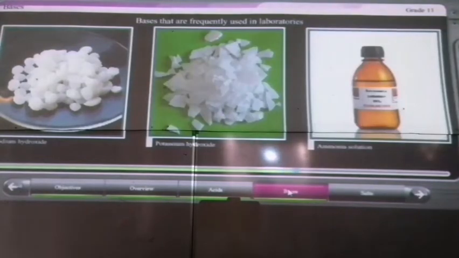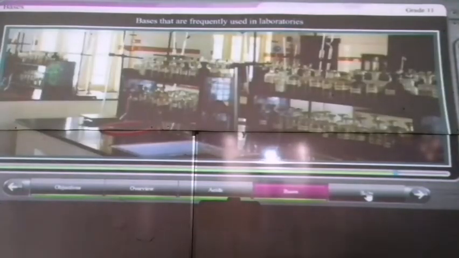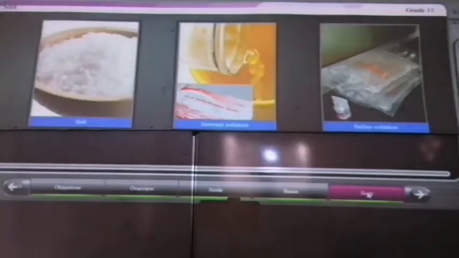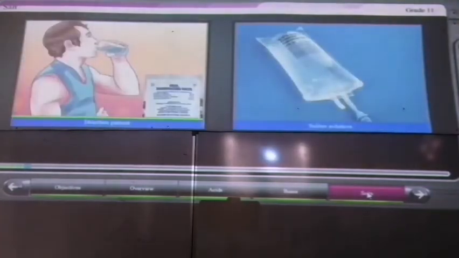Sodium hydroxide, potassium hydroxide, and ammonia solution or ammonium hydroxide are the most widely used bases in laboratory. You may remember that salt, G-Winnie solution, and saline solution were classified as salts. The G-Winnie solution given during ailing conditions, such as diarrhea, and the saline solution given to patients are mixtures containing salts.